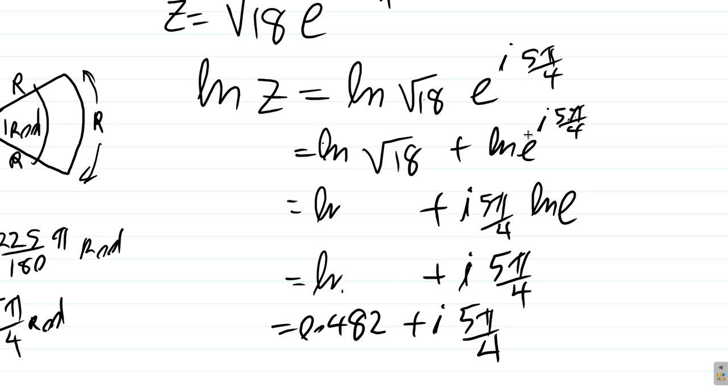So it is ln of the square root of 18 plus that. The square root of 18 is 4.24, and then the ln of that is 1.4.